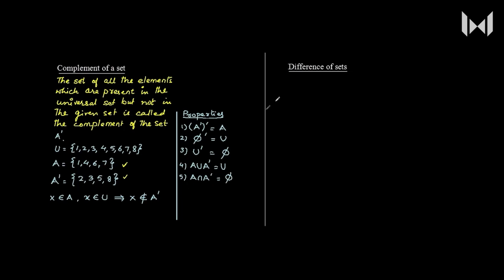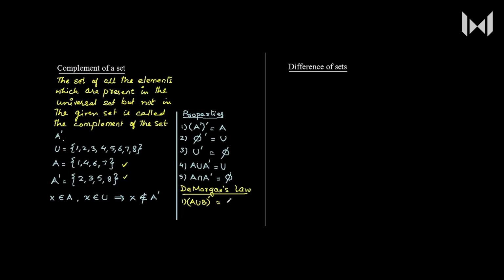And then comes the De Morgan's law, which are very important. And the first one is A union B the whole complement. Now for this, remember one thing, you may consider it as a negative sign, and we know when we open the bracket using the negative sign, the signs inside change.